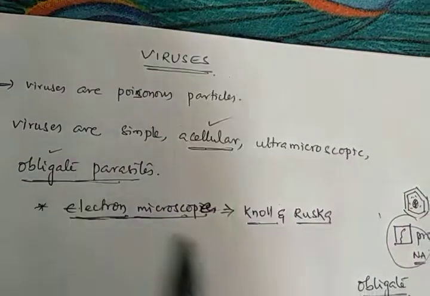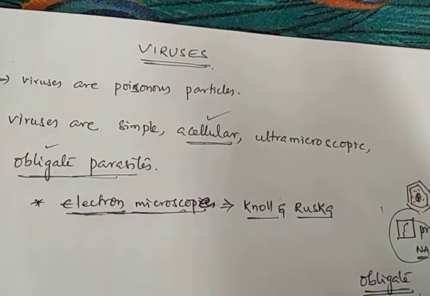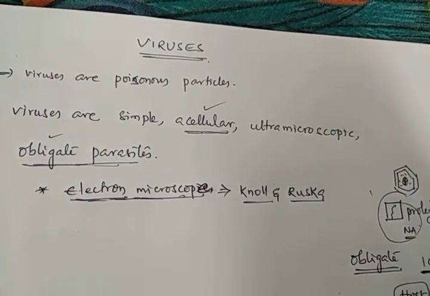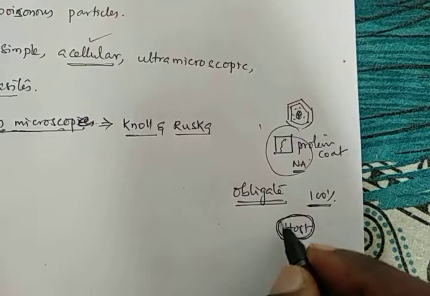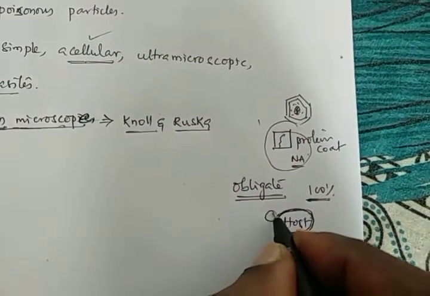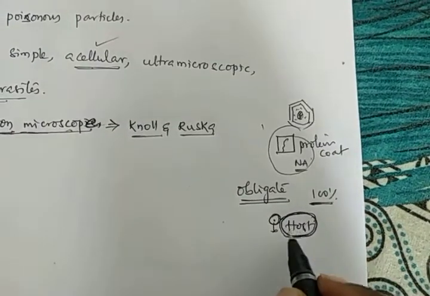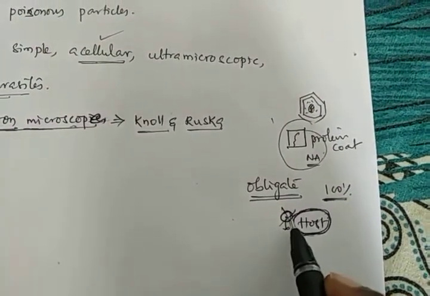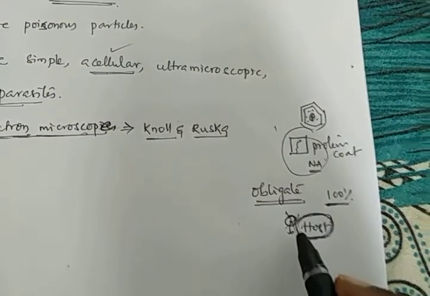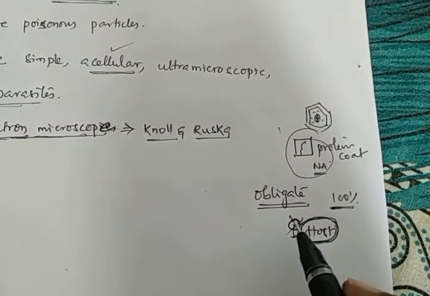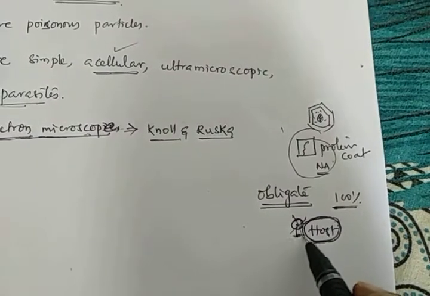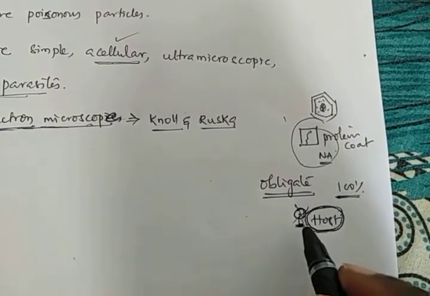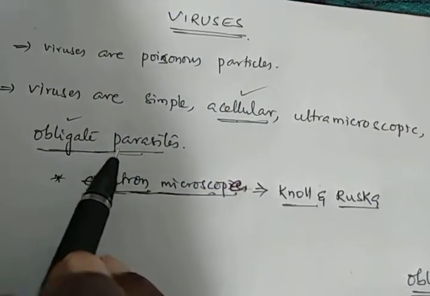Without the host, which is the organism that gives food and shelter, for example a human body or plant cell, the virus particle cannot live. In the presence of the host only can they be said to be alive, but without the host they are said to be dead particles. That's why we are saying obligate parasites.